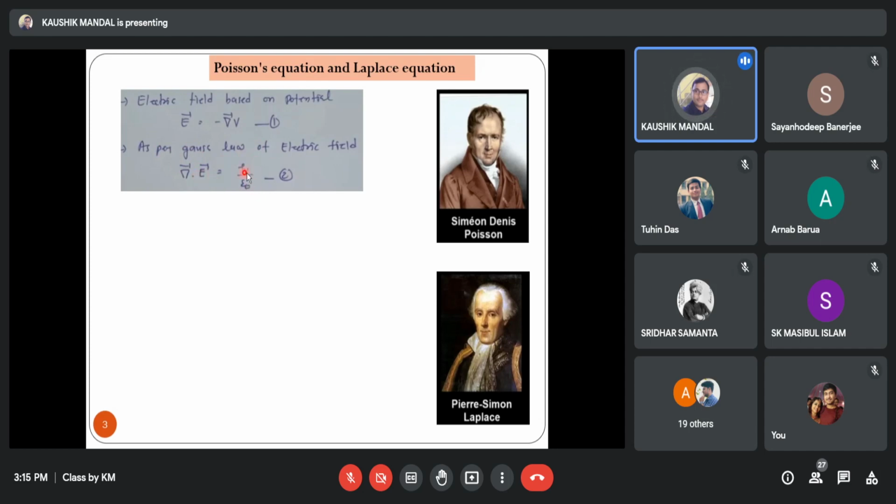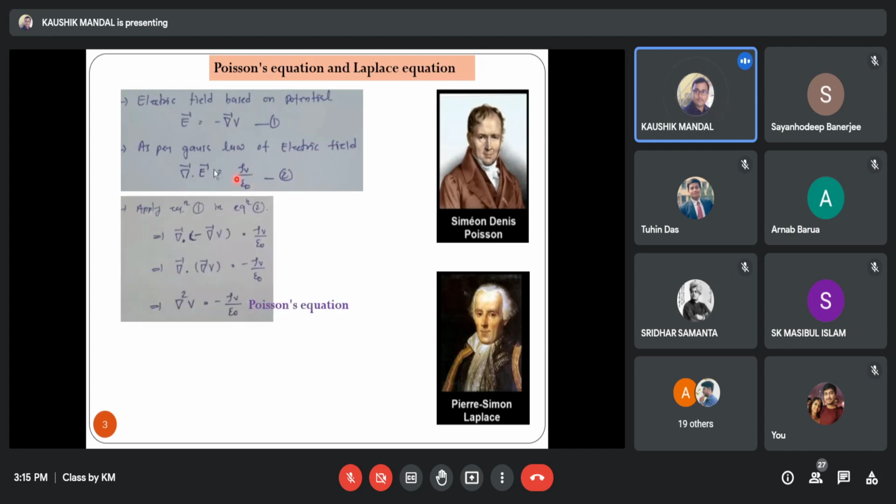where rho V is the volume charge density, and epsilon naught is the dielectric constant of free space. Now if we apply equation 1 in this equation, that is E equal to minus del V, it becomes divergence of minus del V equal to rho V by epsilon naught.